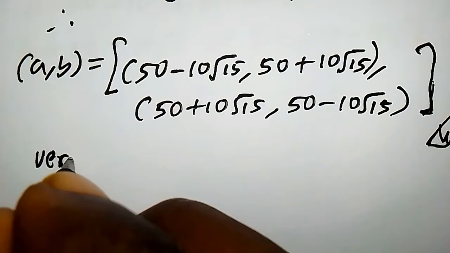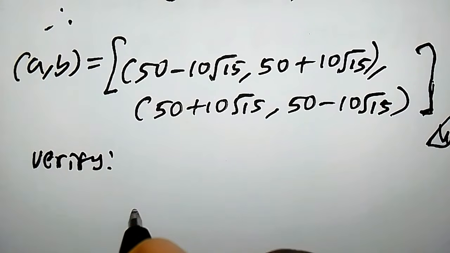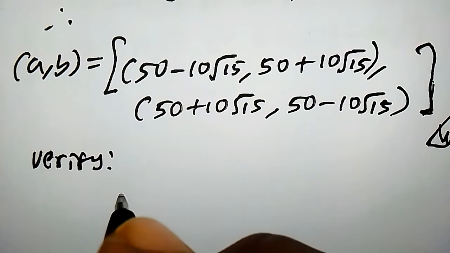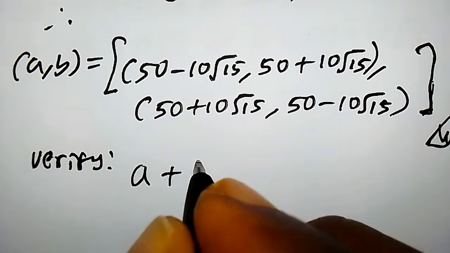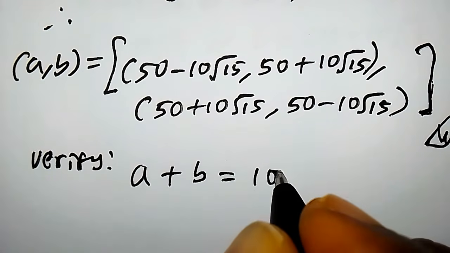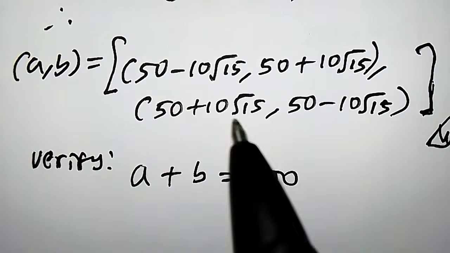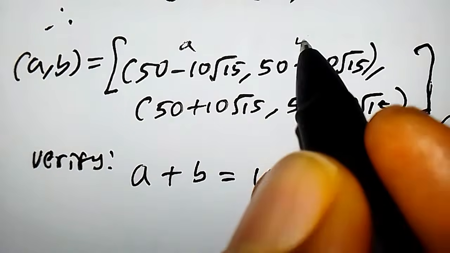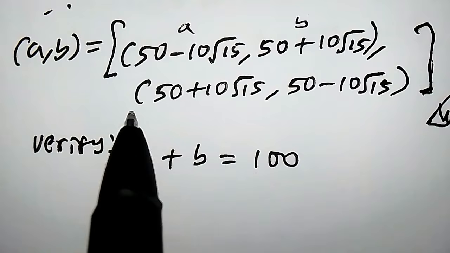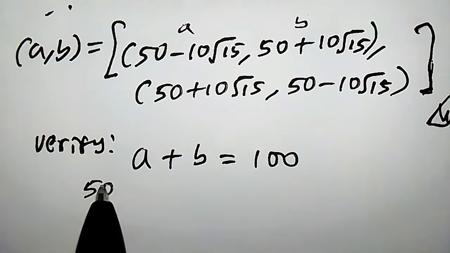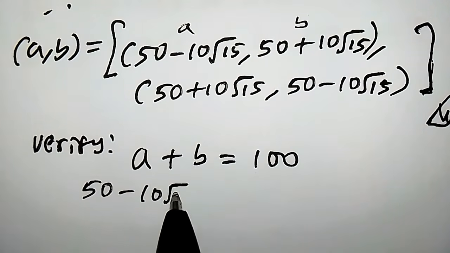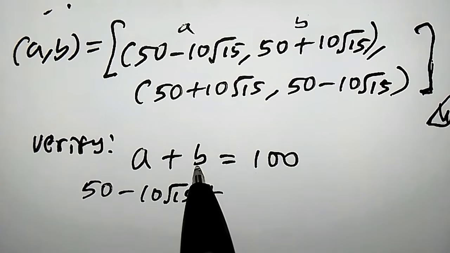So verify. We are going to verify using equation 2. A plus B equal to 100. This is equation 2. Consider the first solution. This is A, while this is B. So this becomes 50 minus 10 root 15 plus, what is B?